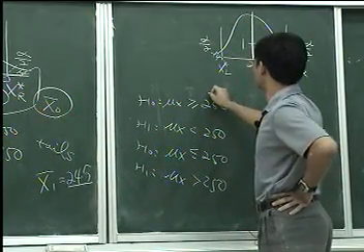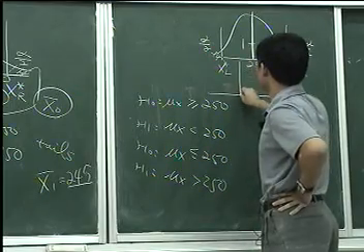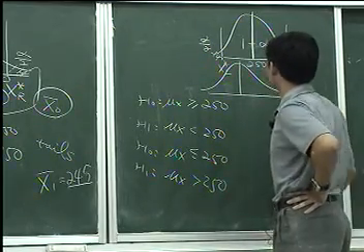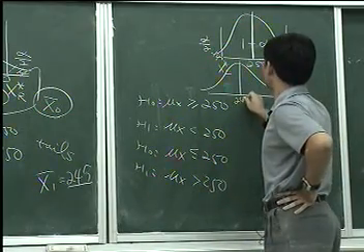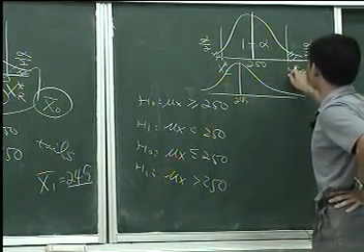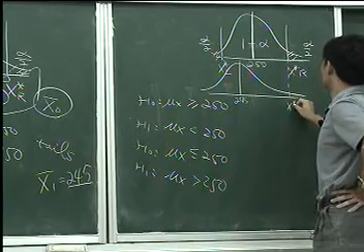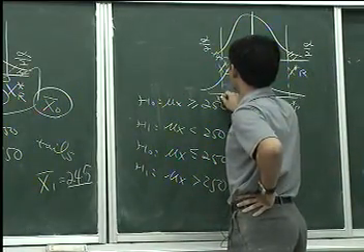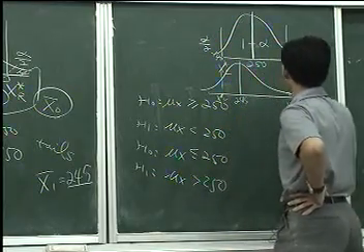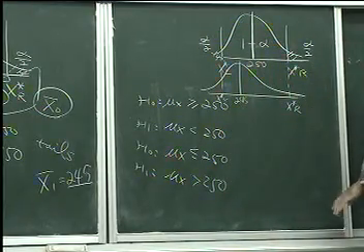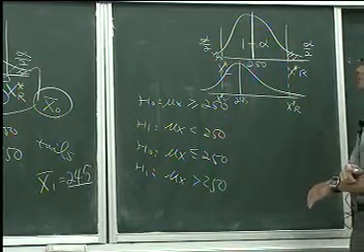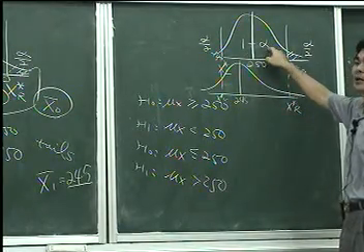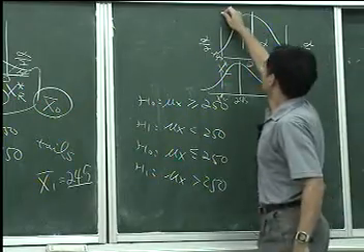So let us draw another picture here. And this is 245. And this is the right-hand side critical value here, and this is the same thing, the left-hand side critical value here. When you deal with this case, this is 1 minus alpha, okay?